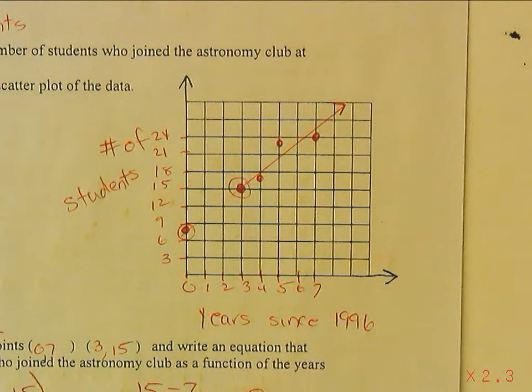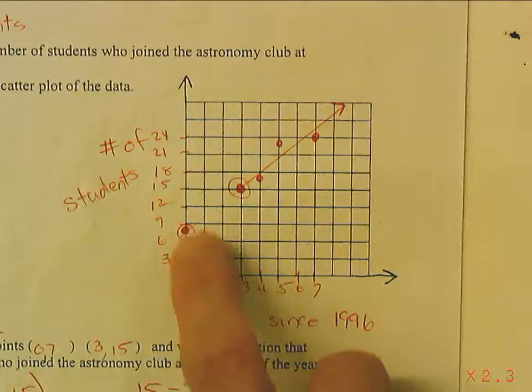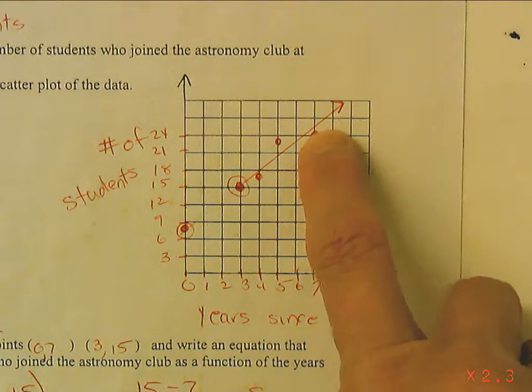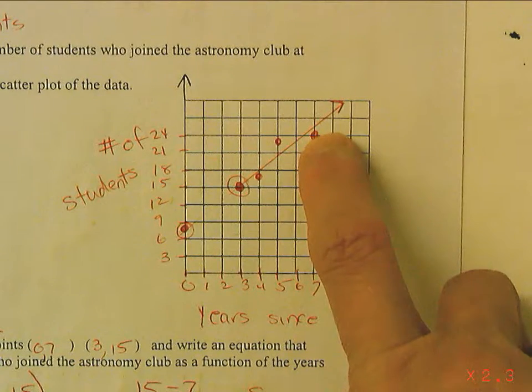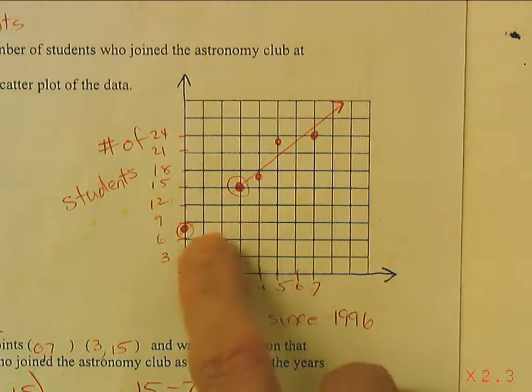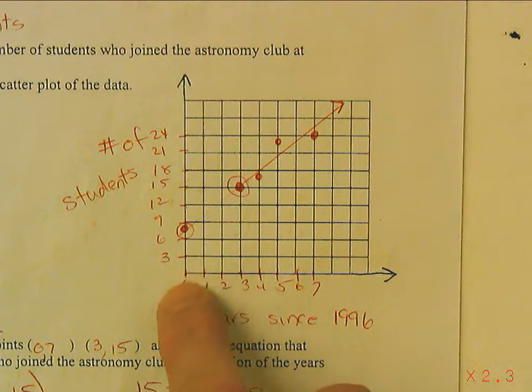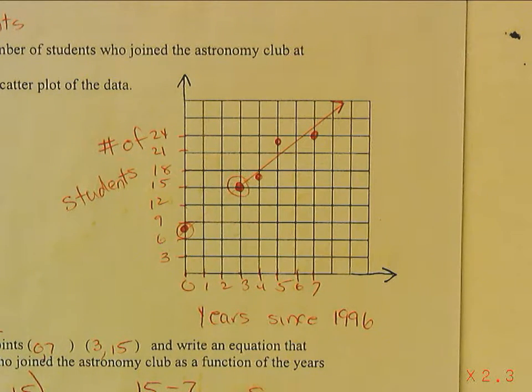Now, I drew my line like that, but we also could have drawn it by connecting the lowest point and the highest point, which were 0, 8 and 7, 24.